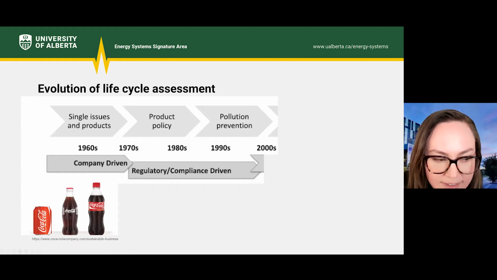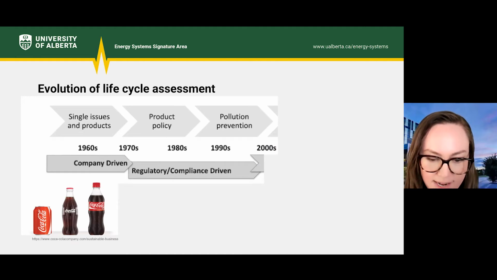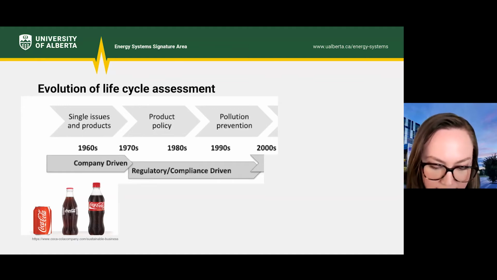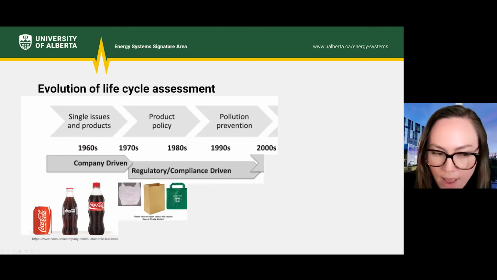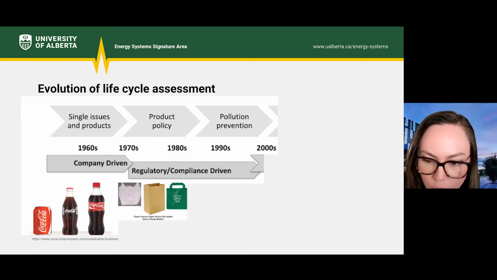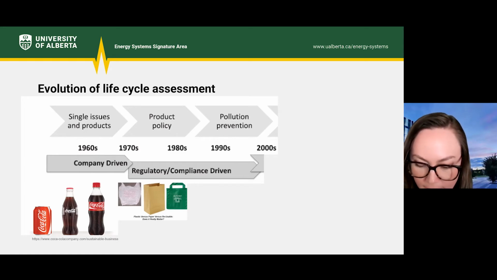The first LCA was conducted in 1969 by Coca-Cola. They were trying to figure out what would have lower environmental impacts, glass or plastic bottles. Over the next 20 years or so, there were a lot of product focused life cycle assessments that did those types of comparisons.